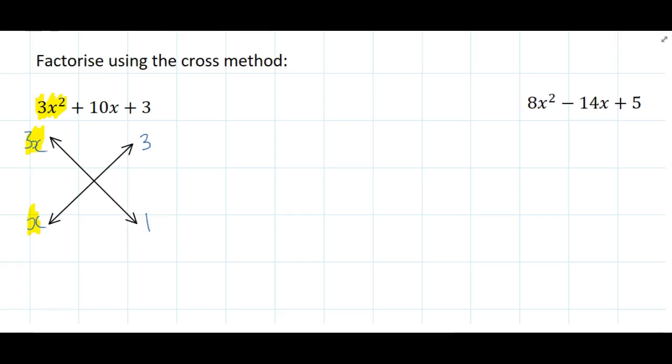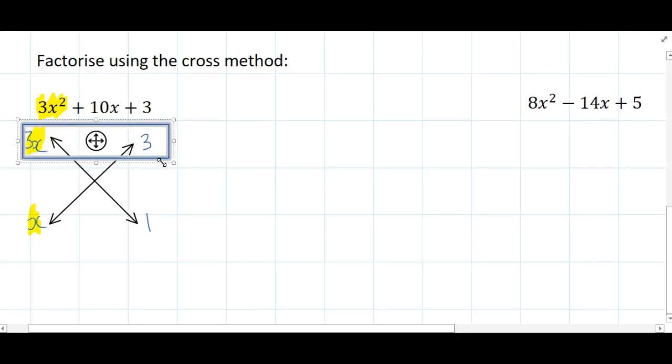So what I'm looking for here is this top bit here. 3 times 3x, so it's 3x times 3. Well, that equals 9x. And on the bottom you've got x times 1, which equals 1x.